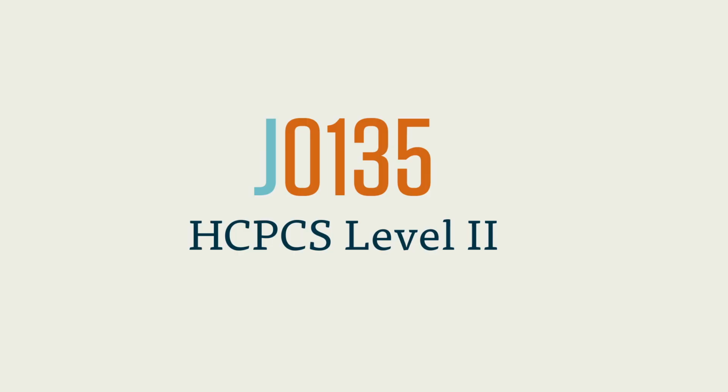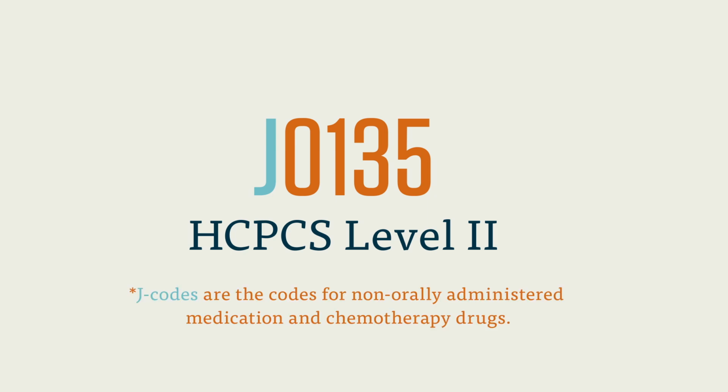These codes, like those in ICD and CPT, are grouped together by the services they describe and are in numeric order. You can generally refer to the range of codes by their initial character. J codes, for example, are the codes for non-orally administered medication and chemotherapy drugs. J codes are some of the most commonly used HCPCS Level 2 codes.